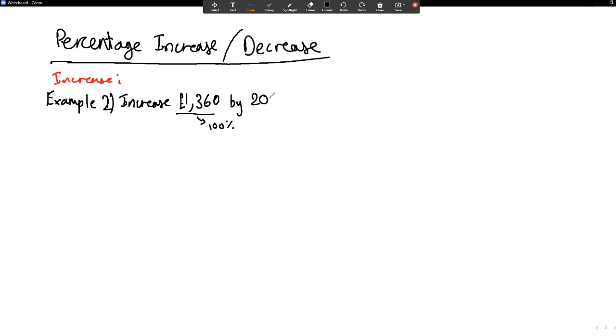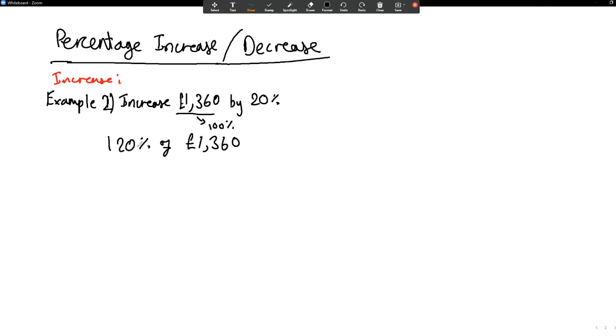Let's say it's by 20%, right? So if we want to increase that by 20%, we add the 20% here to 100%. So we want to find 120% of 1,360 pounds.